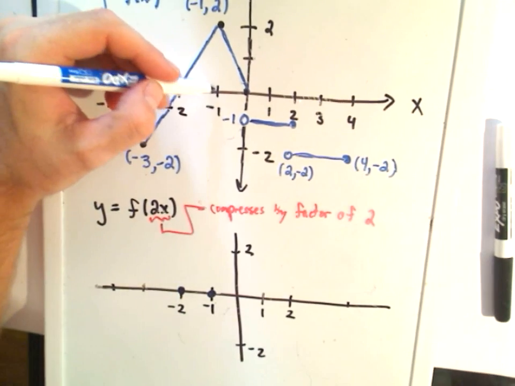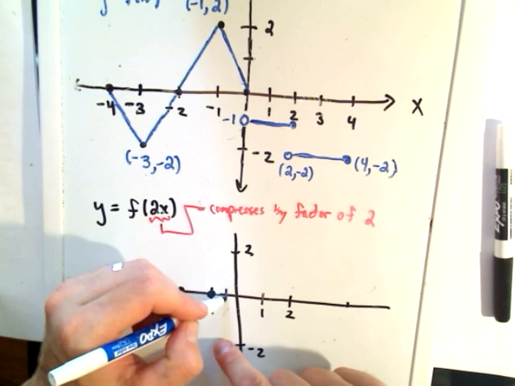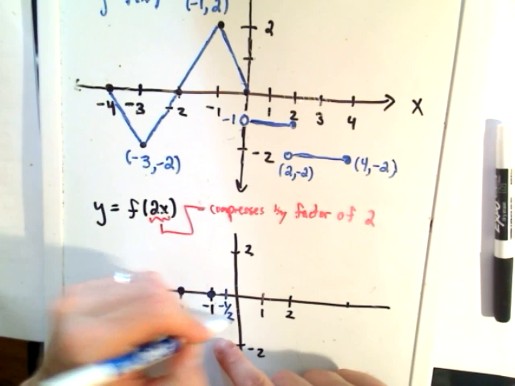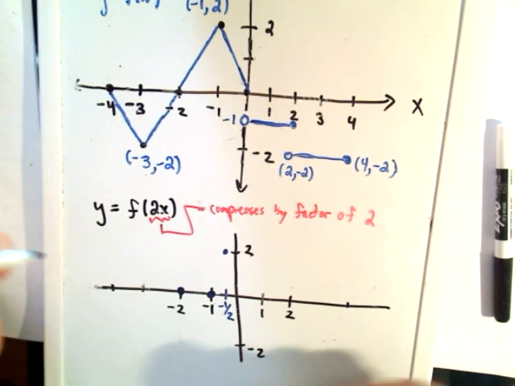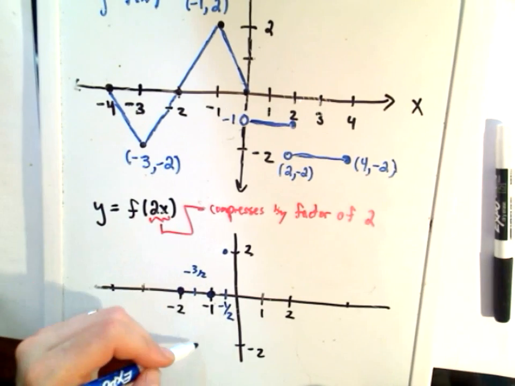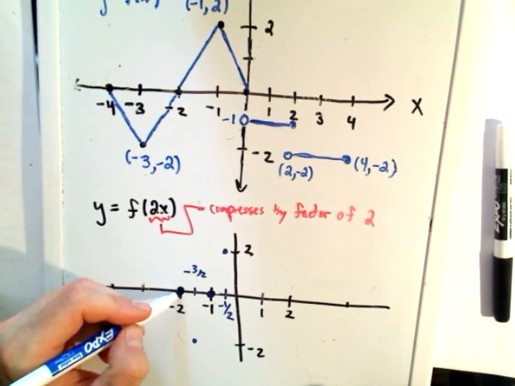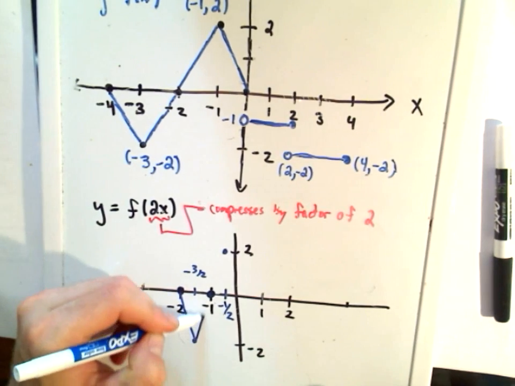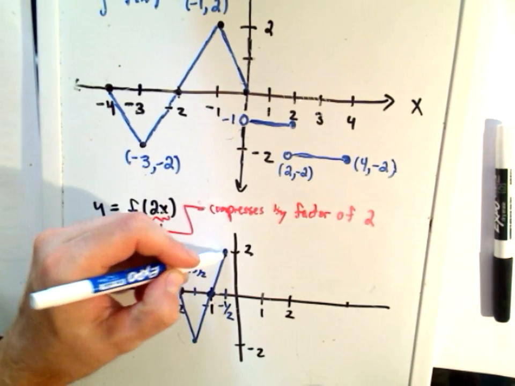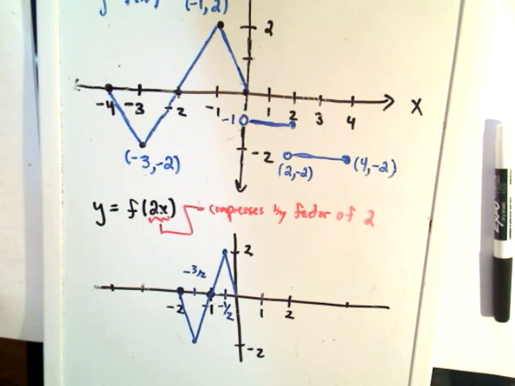Okay, originally at -1, it was up here at a y value of 2. If you cut -1 in half, you're at -1/2, and then I'm up here at 2. Likewise, at -3/2, I'm going to be down here at -2. Okay, so it still has the same height, but everything has gotten squished together by a factor of 2.